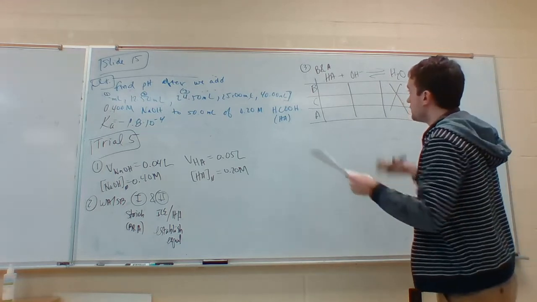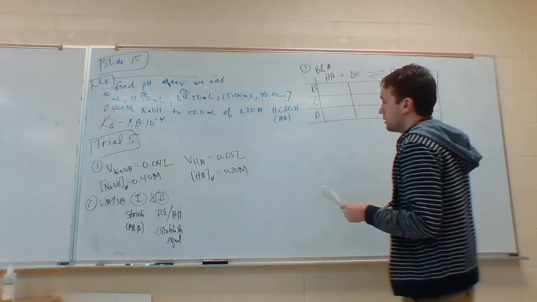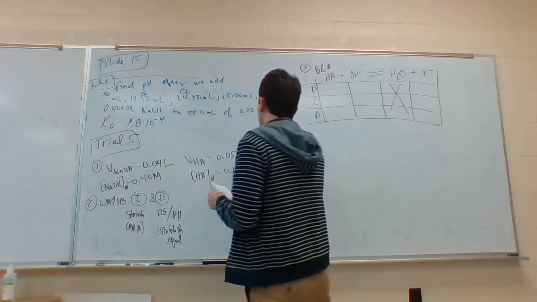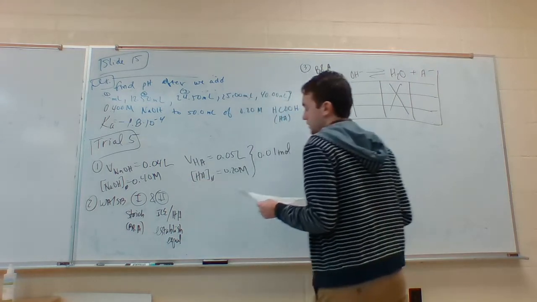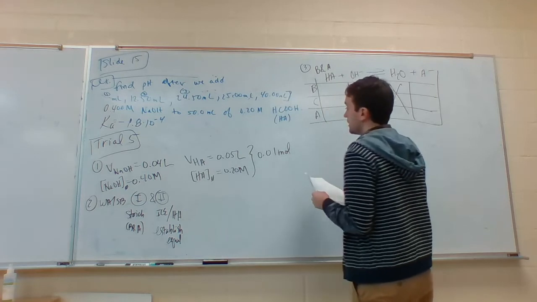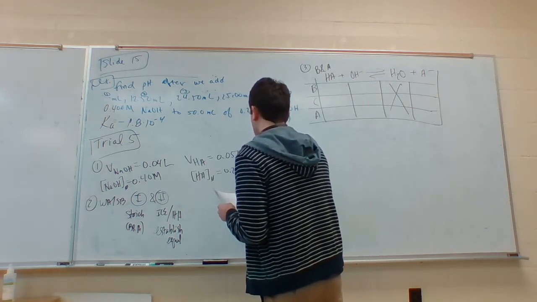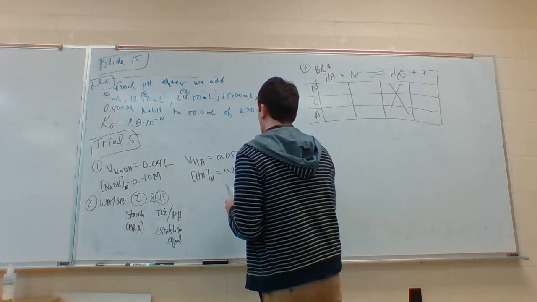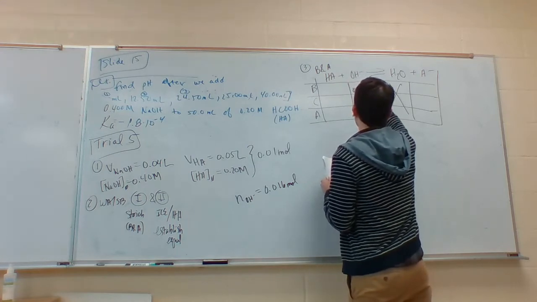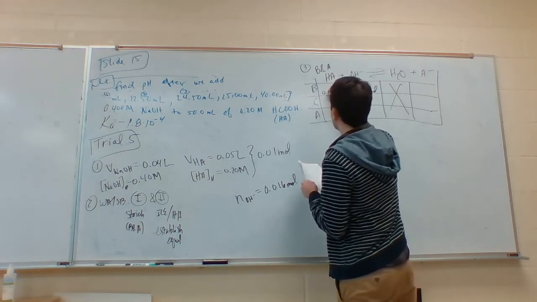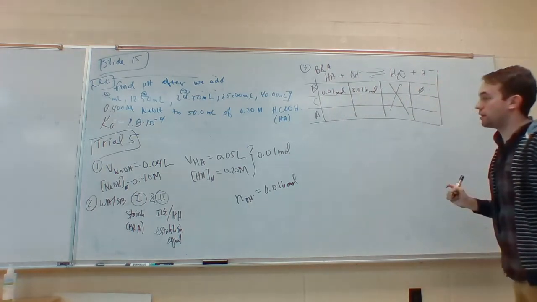Since we're doing before and after, we're going to need our number of moles. This number of moles is 0.01 moles. If you multiply those together, you get 0.016. So the moles of hydroxide ion are equal to 0.016. So we're going to put those in, 0.016 moles. We've got 0.01 moles. And over here, we started out with nothing, yes?